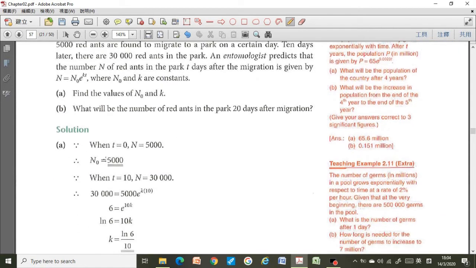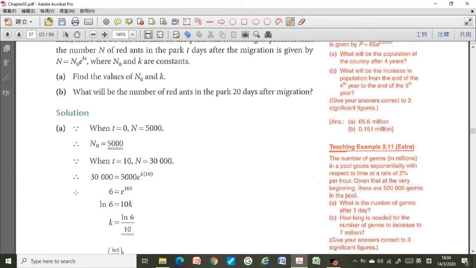So when t equal to 0, N is 5,000, so you get N naught is 5,000. And then you put N naught as 5,000 in the expression, and put t equal to 10. You will get 30,000 is equal to 5,000 e to the power k times 10, which is e to the power 10k. So you will get 6 is equal to e to the power 10k. It is an exponential equation.